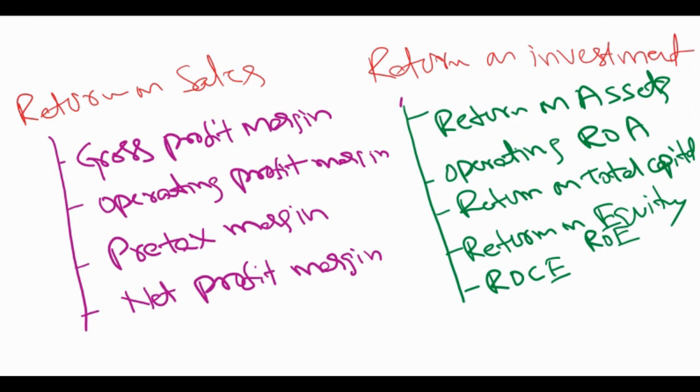So these are the various profitability ratios that come under either sales or investment. So let us now look at further details of how to arrive at these values. We will take an example of an income statement.